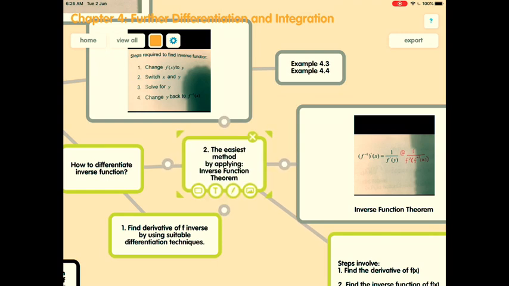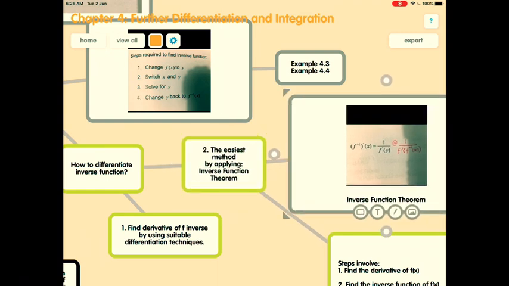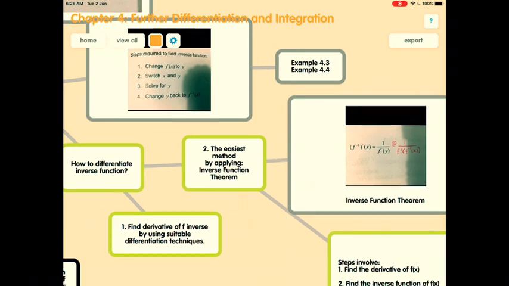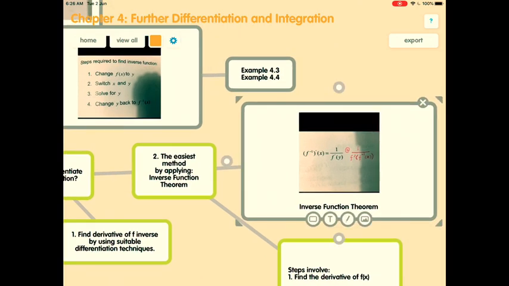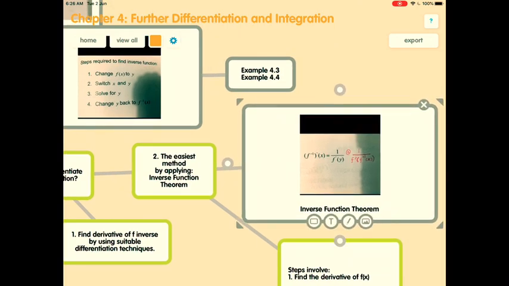About this inverse function theorem, there is a specific formula that you need to know, which is this one.